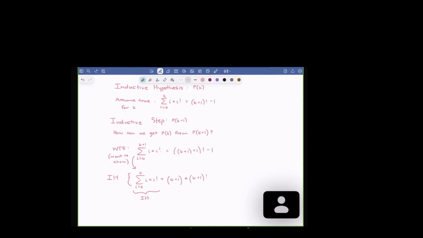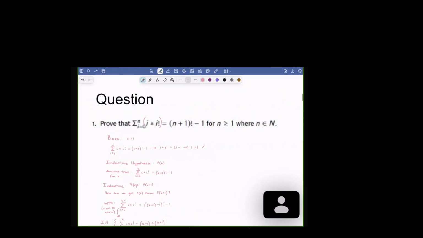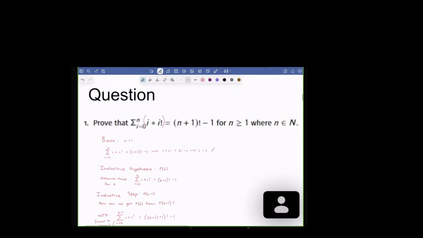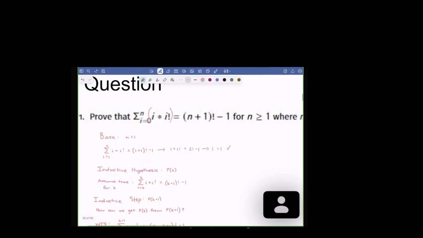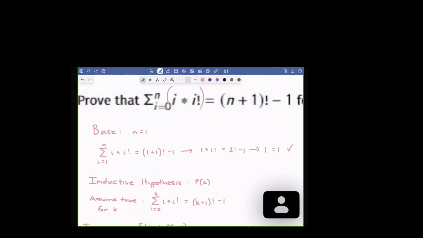Okay, just to start us off, we want to show that our base case is true. Here, our smallest case is when n is 1. I plug in n equals 1, and I show that 1 equals 1 is true, and that holds.